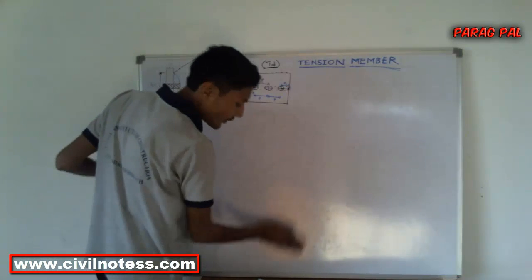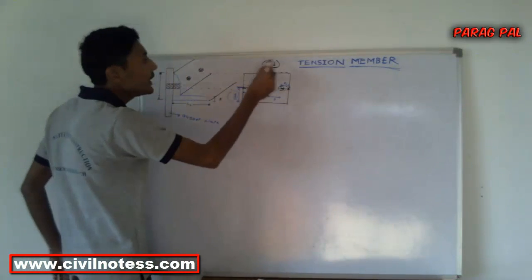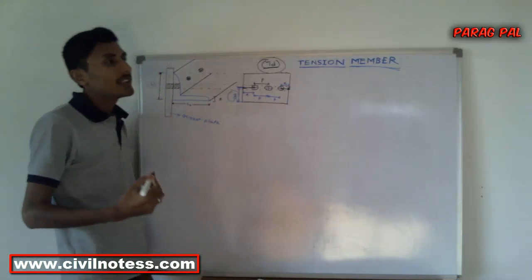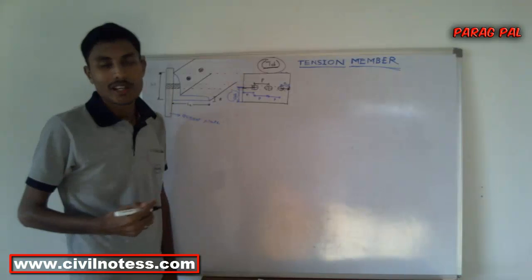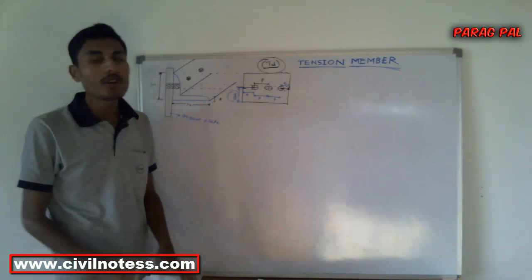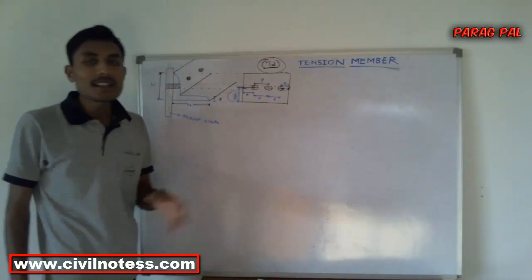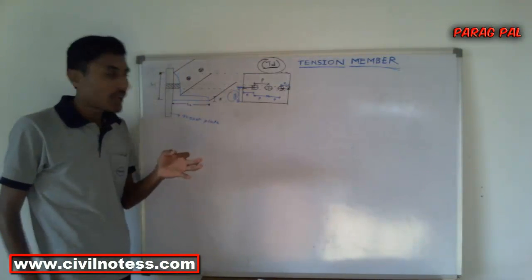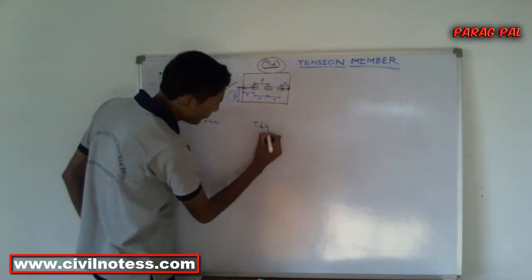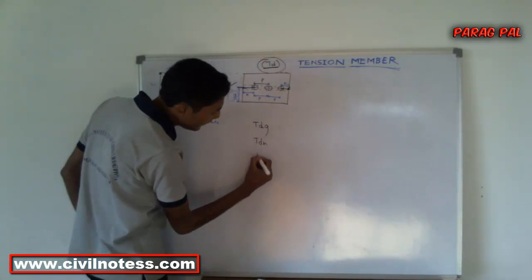Now first of all, how do we get TD from the IS code? There is a design step for the critical section, block rupture and all those things given to you. The main thing is that from these three values, you can find TDG, TDN and TDB.